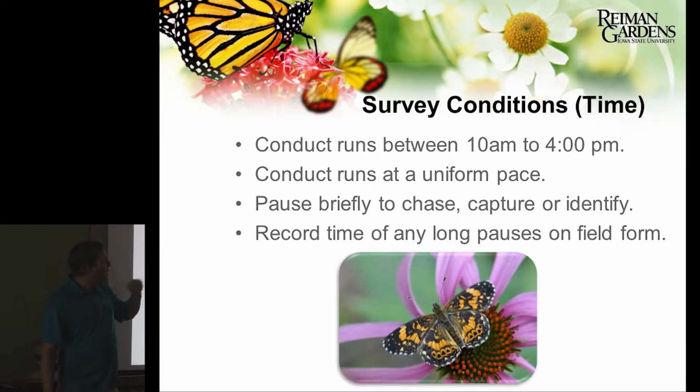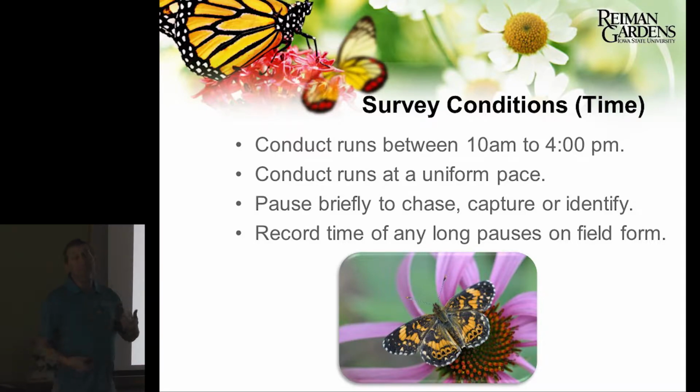It is okay to pause briefly to catch a butterfly, to stand and identify a butterfly, but if you're going to pause for more than 15, 20 seconds, go ahead and write the times that you stopped. So I was paused for 4 minutes. I was paused for 10 minutes trying to catch and identify a butterfly.